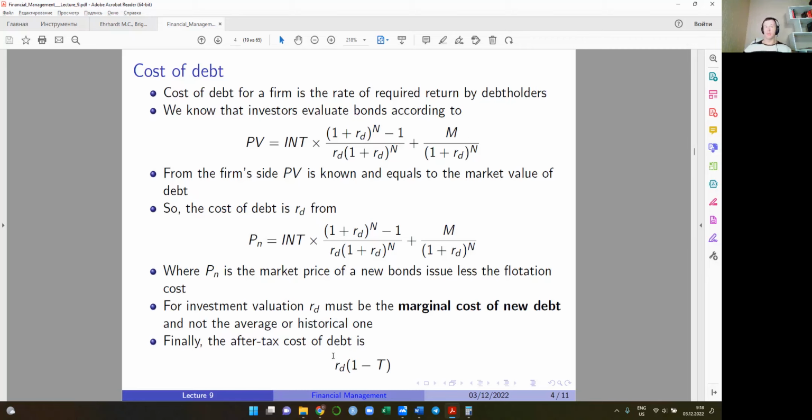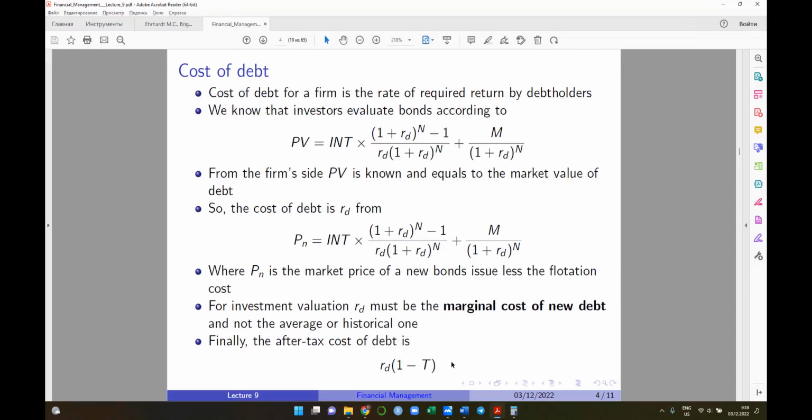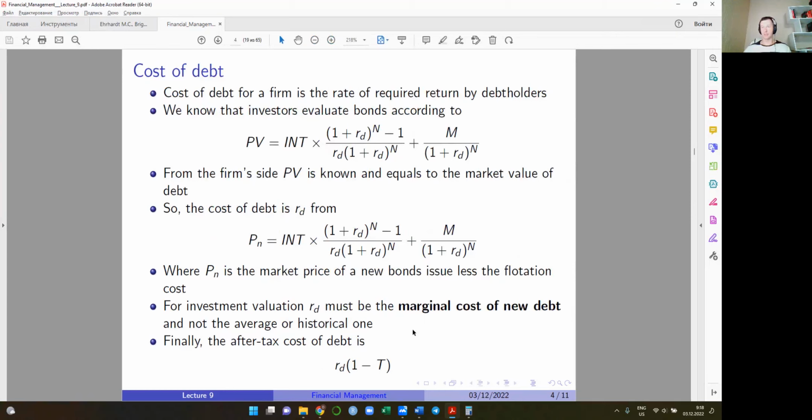And due to these tax benefits from the interest, we also reduce the cost of debt by the tax rate according to the following formula. It provides additional tax benefits for the firm.